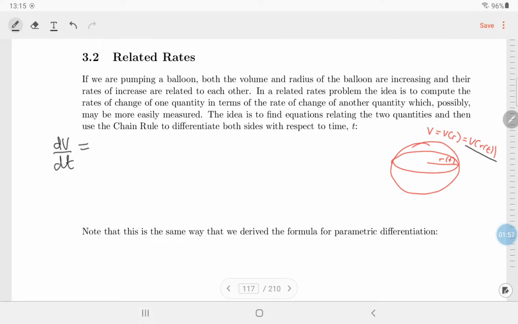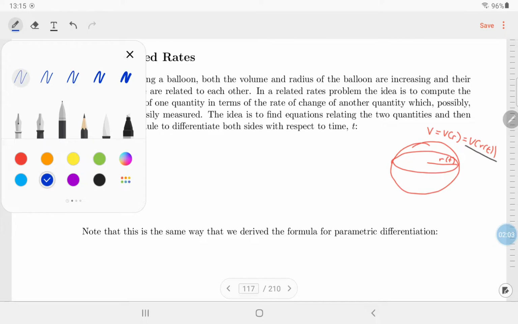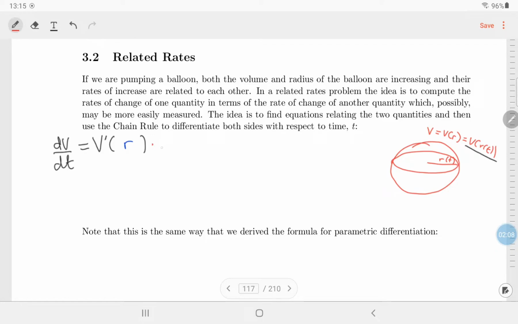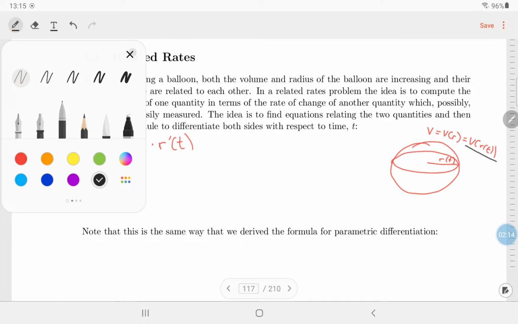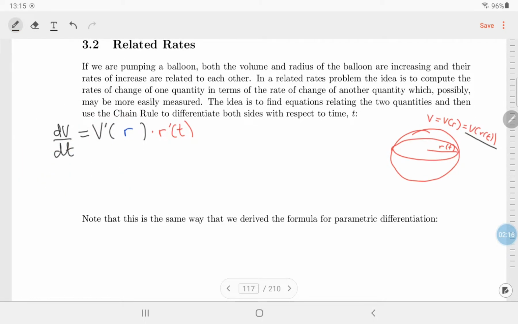So the outside is V, you get V dashed, evaluated at the inside, which is just R. And then the chain rule says you must multiply by the derivative of what's inside, which would be R dashed of T. Now another way of writing V dashed of R is the derivative of V with respect to R, and R dashed of T is the derivative of R with respect to T, so dV/dt is equal to dV/dr times dr/dt.